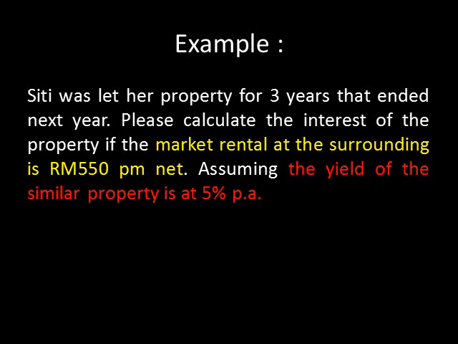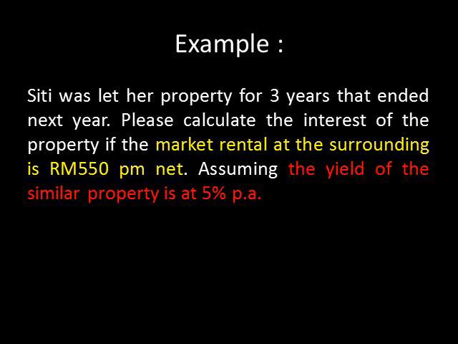This is a different situation, whereby Siti let her property for 3 years and it will end next year, which means that 2 years have already passed. So there is another 1 year left. You need to calculate the interest of Siti on the reversionary period, so the reversionary period will begin next year, another 1 year.